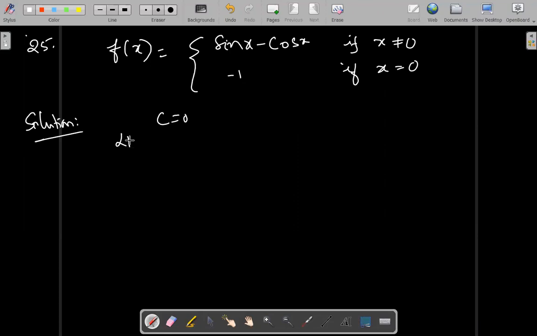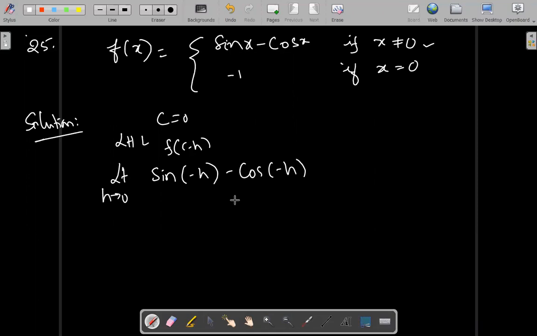So LHL would be f of c minus h. So c minus h means it is less than c. So that must be this. So we will take limit h tends to 0 of sin(minus h) minus cos(minus h).